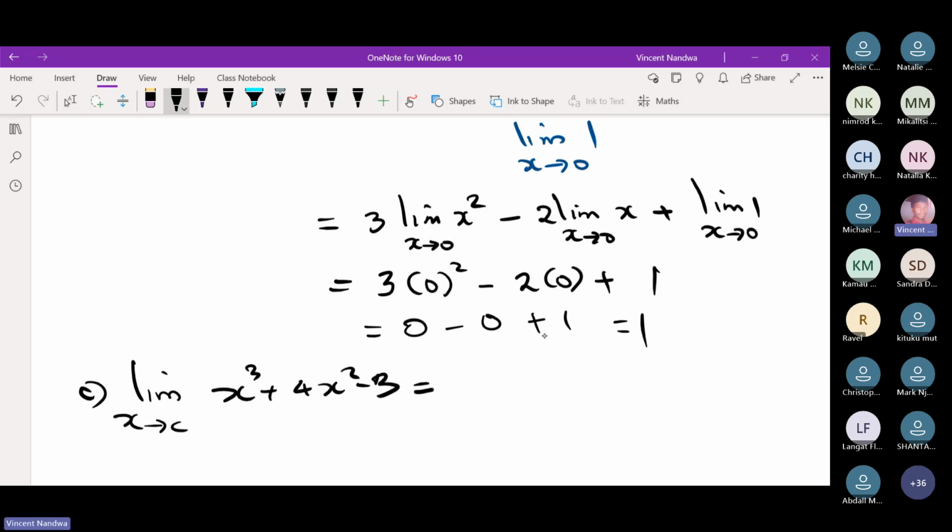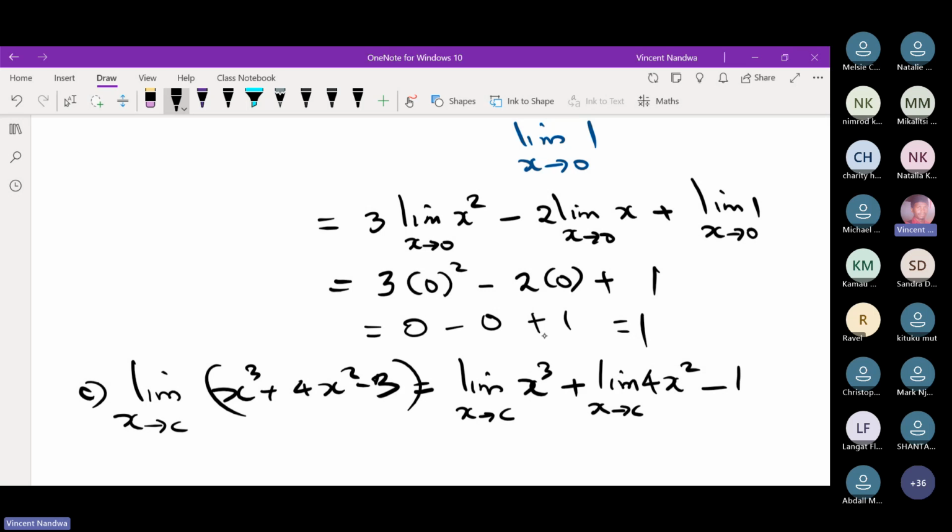So we apply the limit to each part of this function. We'll have the limit as x approaches c of x cubed plus the limit as x approaches c of 4x squared minus the limit as x approaches c of 3.